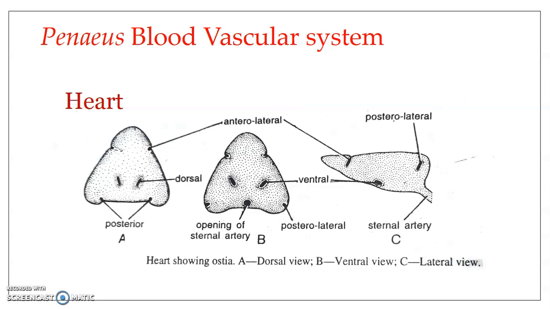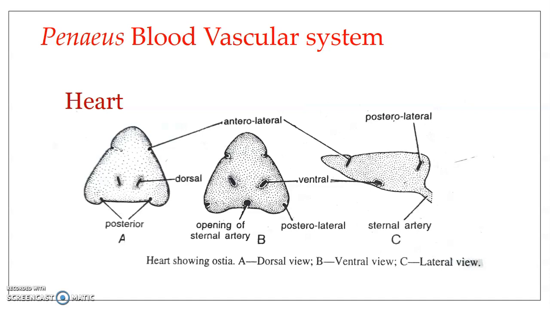The floor of the pericardial sinus is porous in nature, and this porous membrane is referred to as the pericardium. These pores are also valvular in nature, and through these the blood flows into the pericardial sinus.